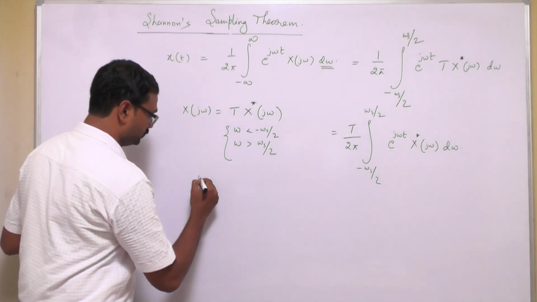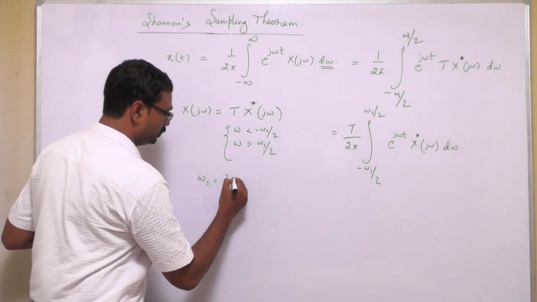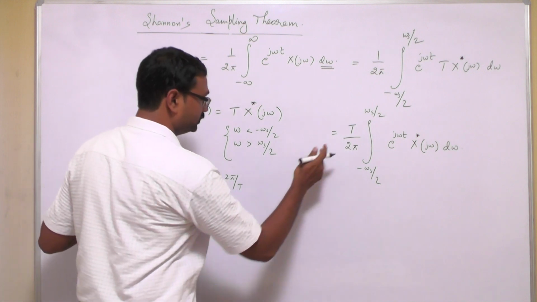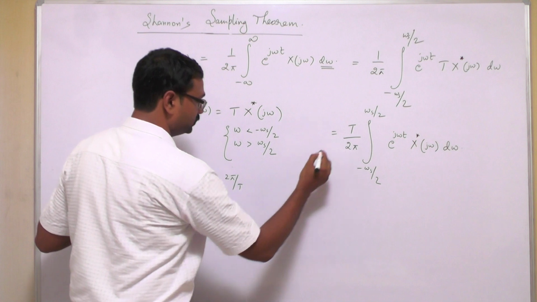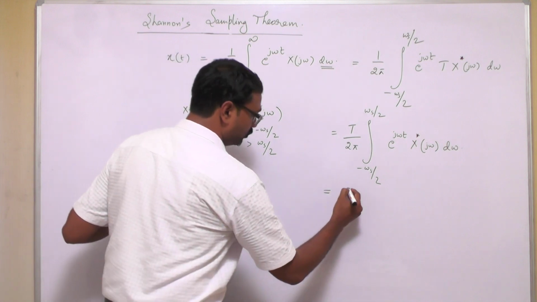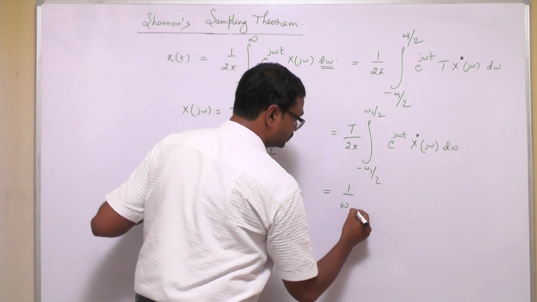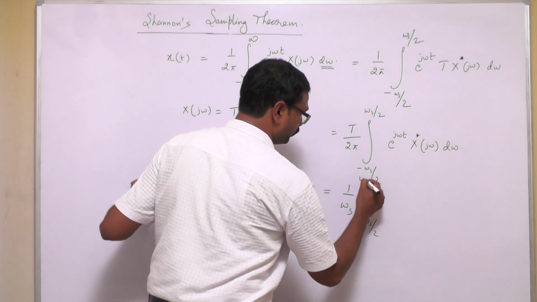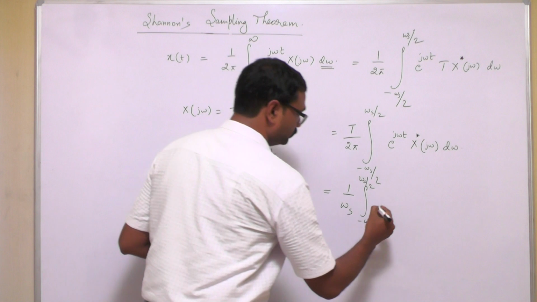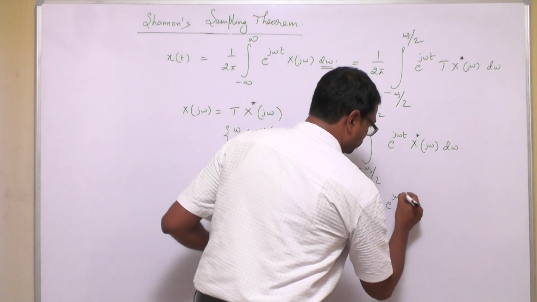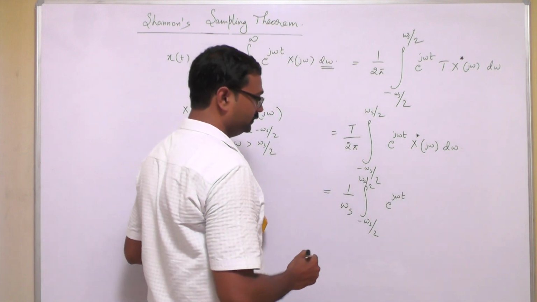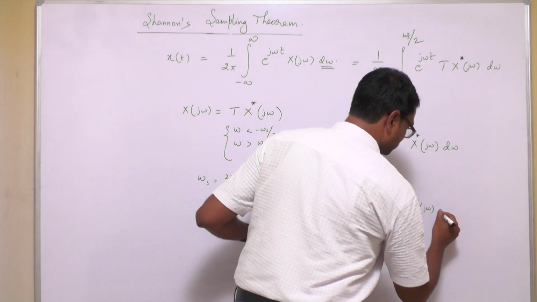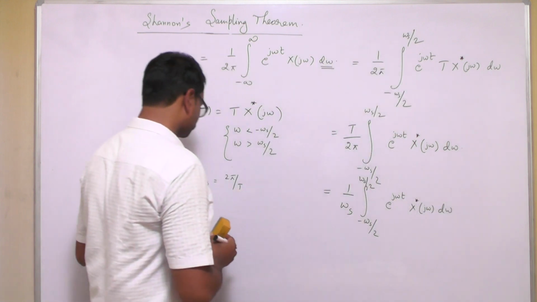And we know that omega s is equal to 2 pi by T, and therefore T by 2 pi is 1 by omega s, integral over minus omega s by 2 to omega s by 2 e power j omega t x star of j omega d omega.